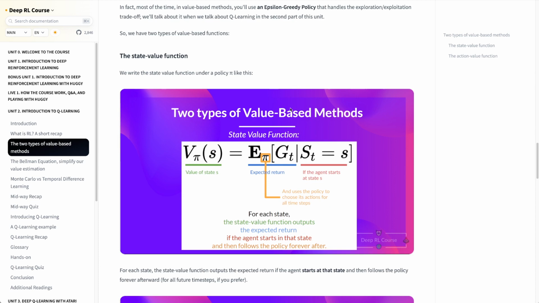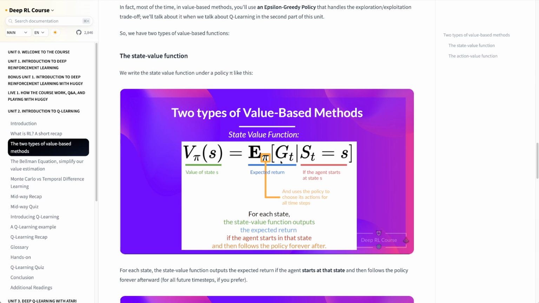So, two types of value-based methods, a state value function, where the value of this optimal policy pi of the state is equal to the expected return of the same pi, uses the policy to choose its actions over time steps.